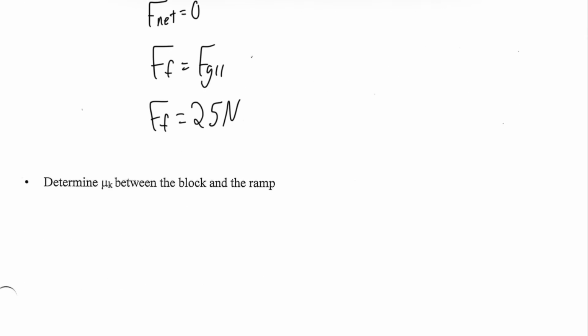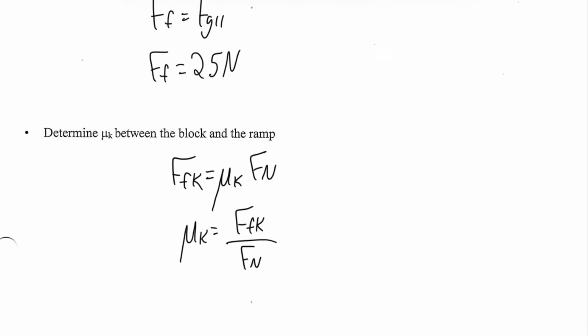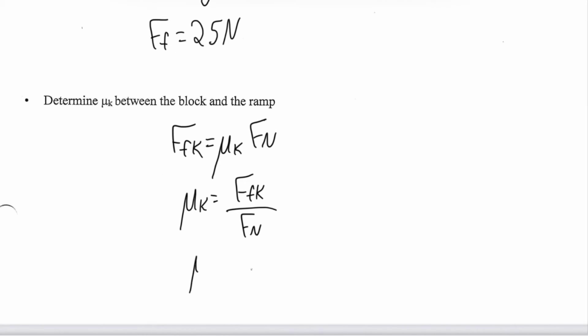Now we can determine the mu k between the block and the ramp, our coefficient of kinetic friction. So we're going to use our friction formula for our kinetic friction equal to mu k times Fn, and we're solving for mu k, so we'll get it by itself, force of friction on top, and normal force on the bottom. So now we can plug in our values.